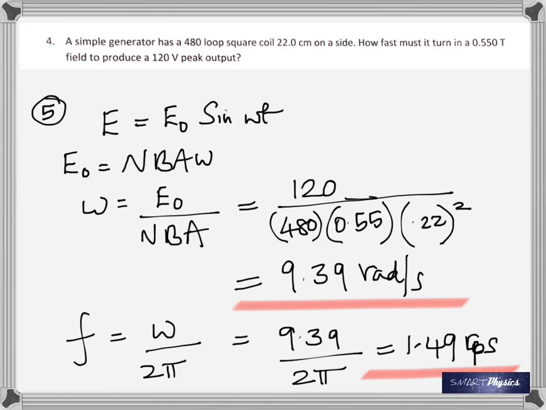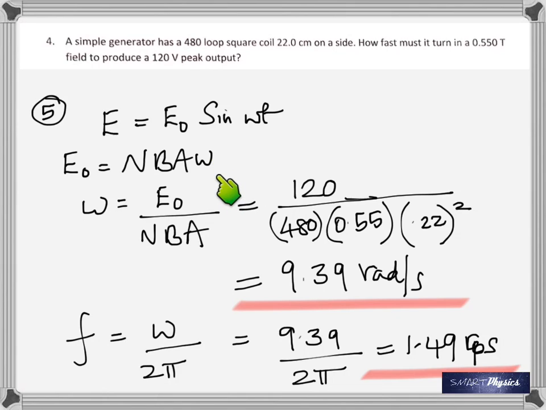The formula for alternating voltage is E naught sine omega t, where E naught is the peak voltage, the maximum voltage, and E naught is given by NBA omega, where N is the number of turns in the loop, B is the magnetic field strength, A is the area, and omega is the angular speed, which we have to find in this case.